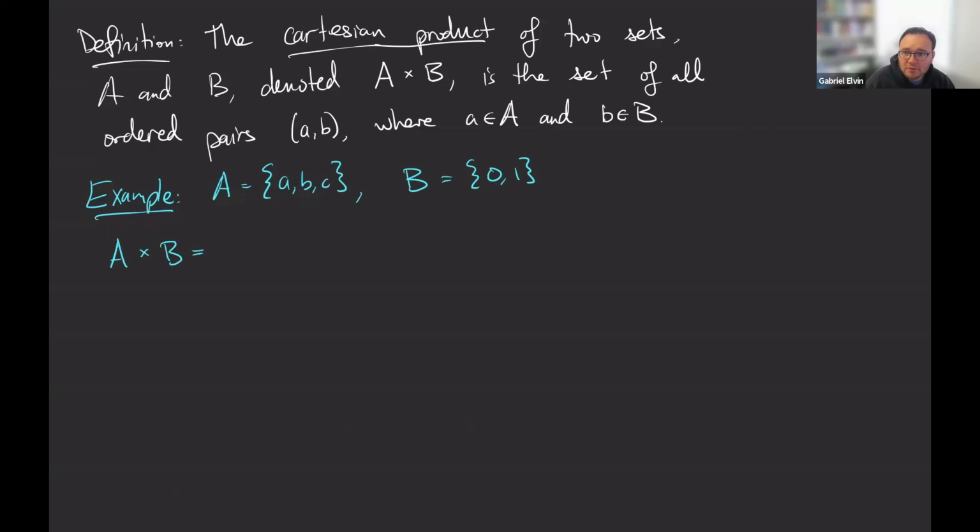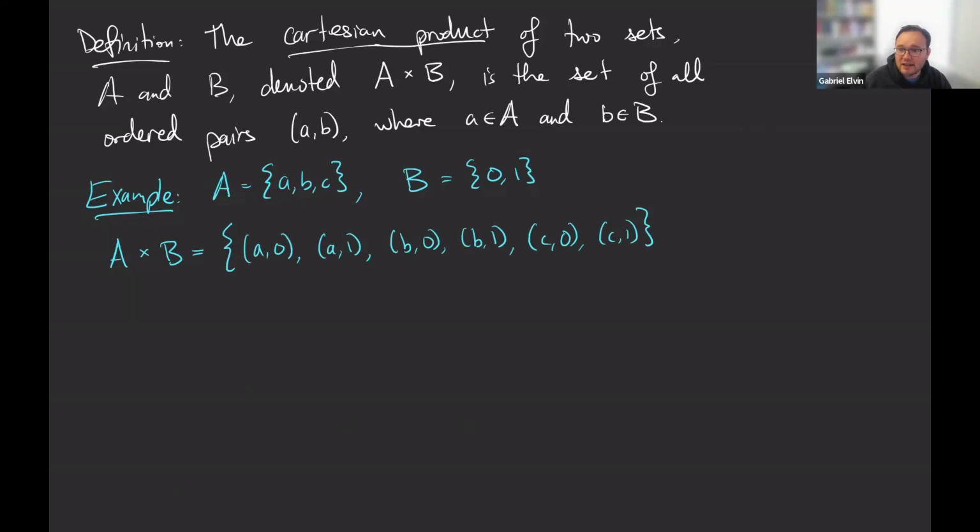That's all of the ordered pairs. So I take an element from A and I take an element from B, and that gives me an ordered pair. So one of them is (a, 0). Another one is (a, 1). So that's done with a. So now a in the first coordinate is what it's called. That's done with. So now I'll start with b. So (b, 0) and then (b, 1) and then (c, 0) and (c, 1).